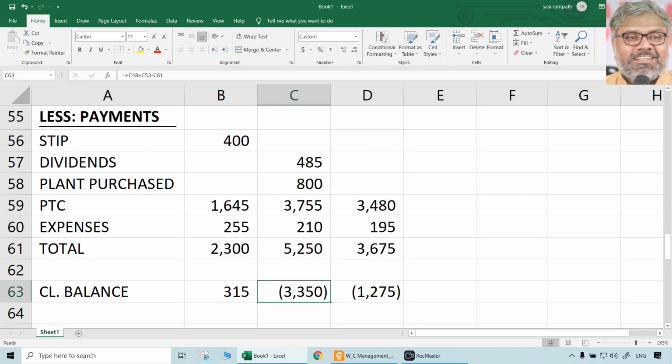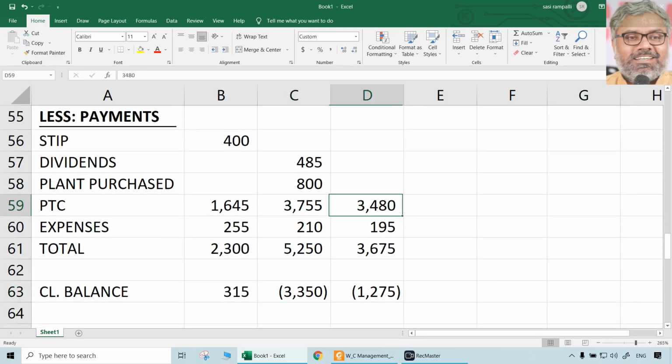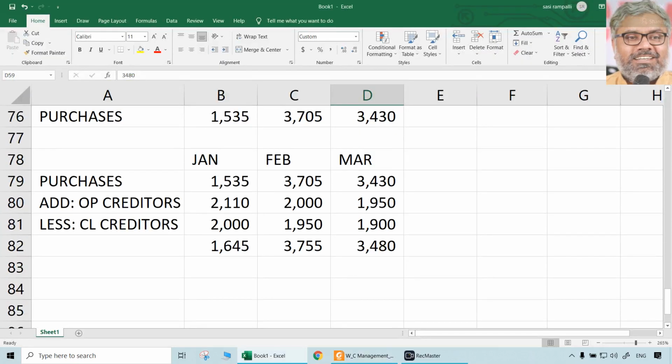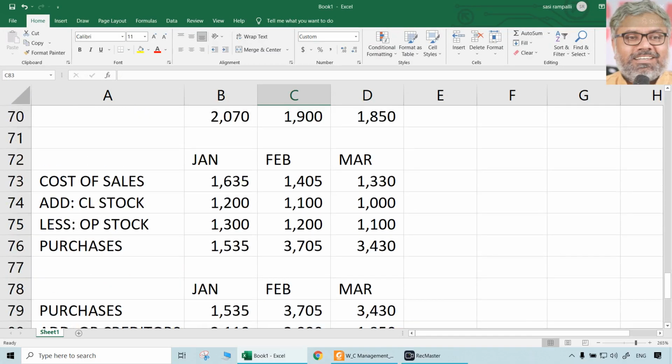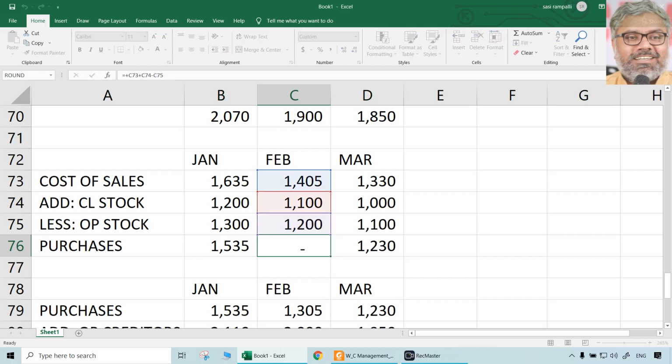Something wrong with payment to creditors maybe, because its amounts are too high. Let us check the calculations. Payment to creditors. No, something wrong with purchase itself. Yeah, these are not done here. Correct. So this has to be taken as cost of sales, add closing stock, deduct opening stock. Correct.